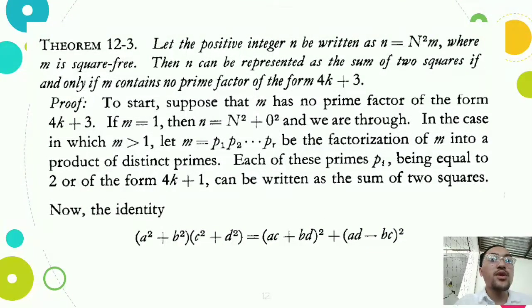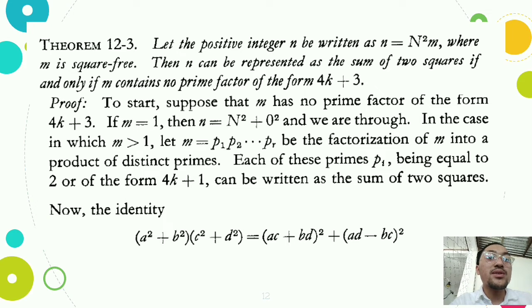And for our Theorem 12.3, let the positive integer n be written as n equals N squared m, where m is square free. Then n can be represented as the sum of two squares if and only if m contains no prime factor of the form 4k plus 3.